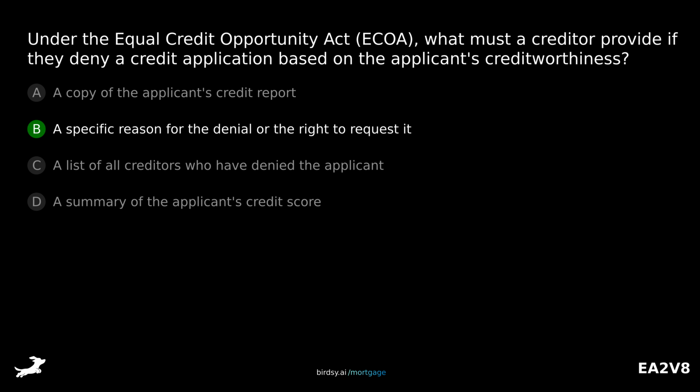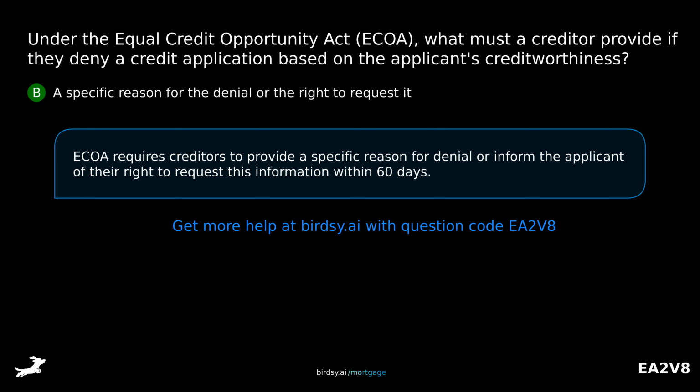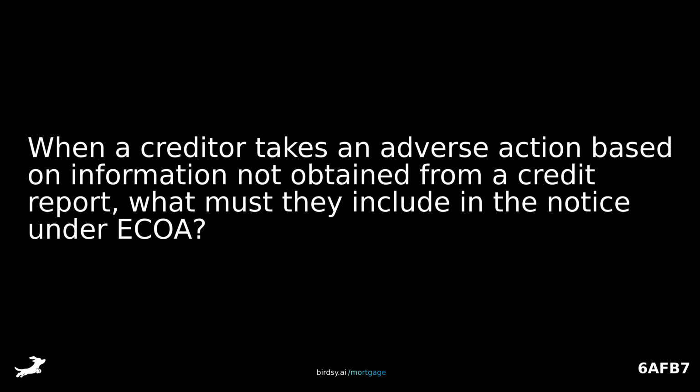The answer is B. A specific reason for the denial or the right to request it. ECOA requires creditors to provide a specific reason for denial or inform the applicant of their right to request this information within 60 days.